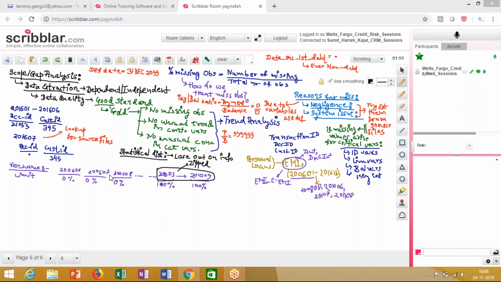If the missing happens because of a system issue or whatever the reason may be, those issues are fixed. At the end of the day, we expect the key variables, the core variables, to have 0% missing. Only then can we move forward.